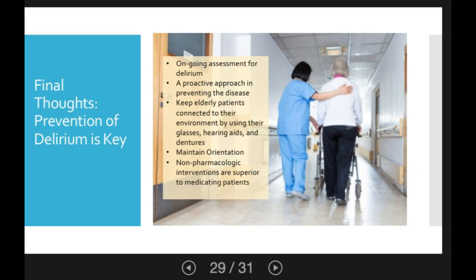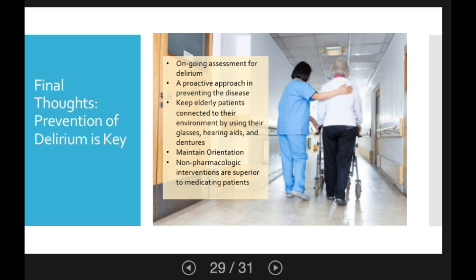By initiating multi-approach programs on all patients at risk for delirium in the hospital, we can help protect the future quality of lives of our patients. Keeping our patients oriented, moving, hydrated, and connected to their environments with the use of glasses and hearing aids can significantly reduce their risk of developing this syndrome.